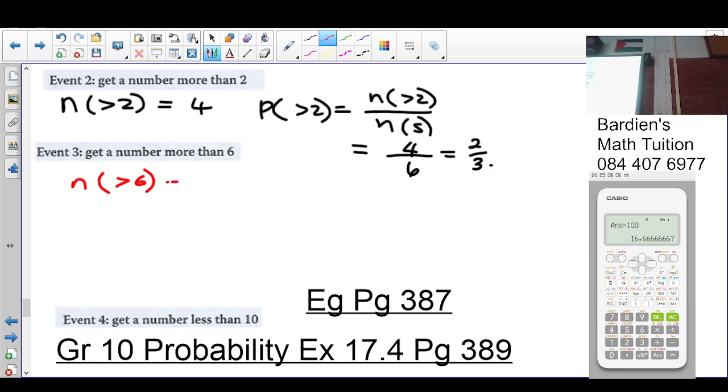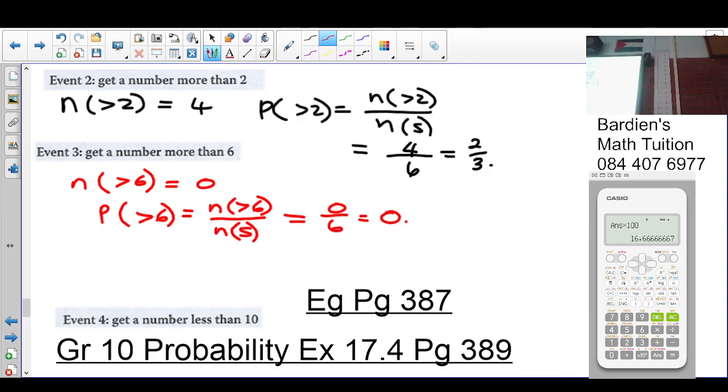No. So the number is 0. So the probability of a number greater than 6 is the number of elements greater than 6 over the number of elements in the sample space. So it's 0 over 6, which is 0. So that probability is 0, which means it will never happen.